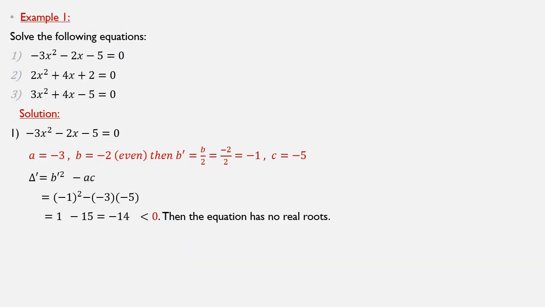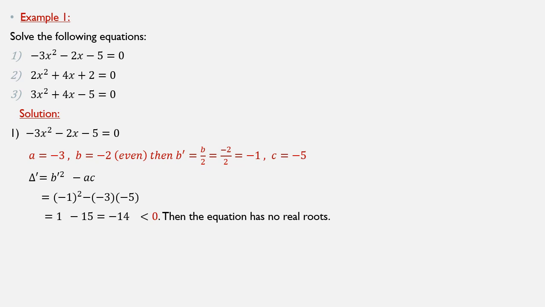Let us take an example. Solve the following equations. In equation number 1, 3x squared minus 2x minus 5 equal to 0. As you notice here, b, which is minus 2, is even. So we can solve it using delta or delta prime.